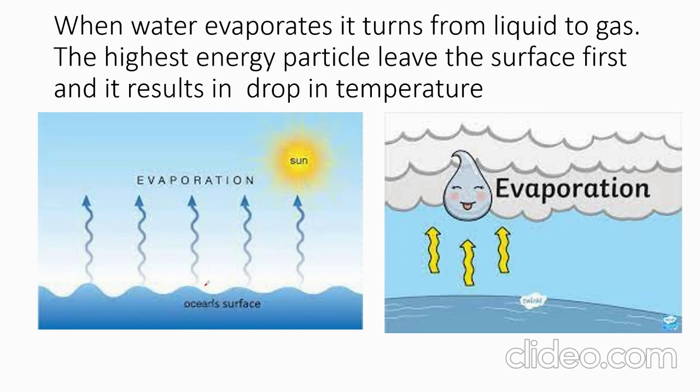So you see an ocean surface, and on the top of it, the particles receive the maximum sunlight and have the highest temperature, so they leave the surface, and it results in a drop in temperature of the remaining water.